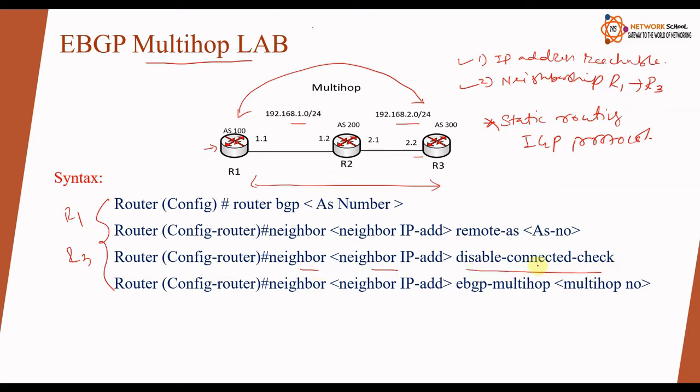When we use this command, disable connected check, it means we are telling the Cisco router that we are not making the neighborship with a directly connected neighbor. So Cisco IOS should ignore this step when it is checking. Okay, so let me take you to the screen and then we will see it here.